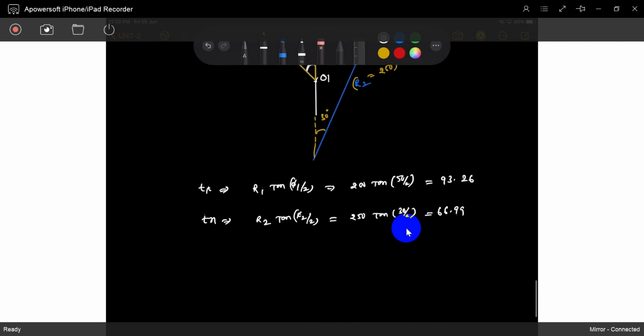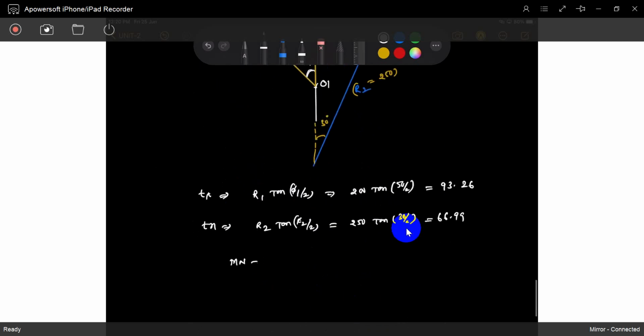So MN is the common tangent length. That is 93.26 plus 66.99, which is 160.25 meters, the common tangent value.